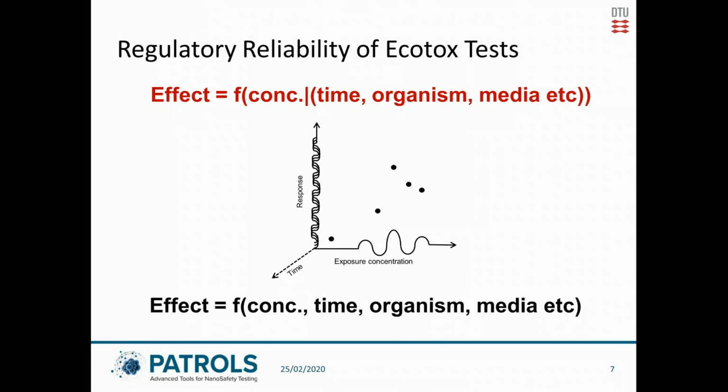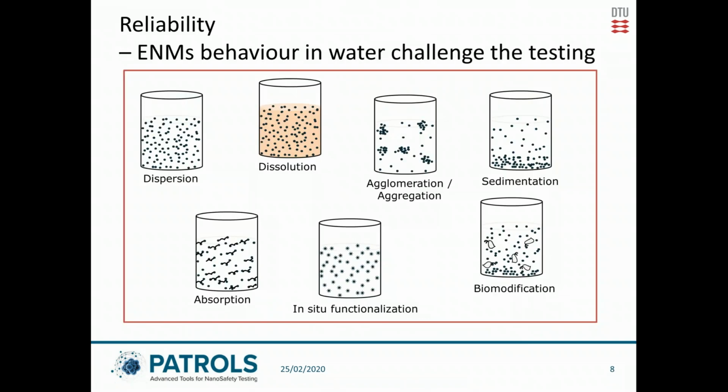This means that the reliability is challenged, and that the reproducibility of test results can be very difficult to work with, since we actually don't know which are the influencing factors of this. Basically, everything could pitch in.